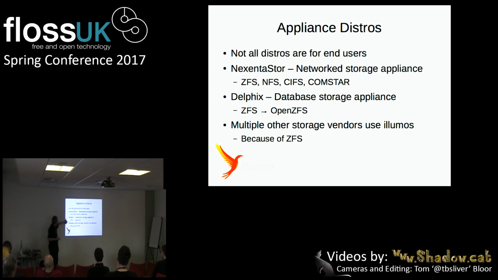As I just mentioned, Nexenta is the biggest and most well-known storage vendor that uses Illumos, and they came along very early in the OpenSolaris project, which has caused them a lot of problems because they forked the code in about 2006. They've gone through Debian bits, I recall.